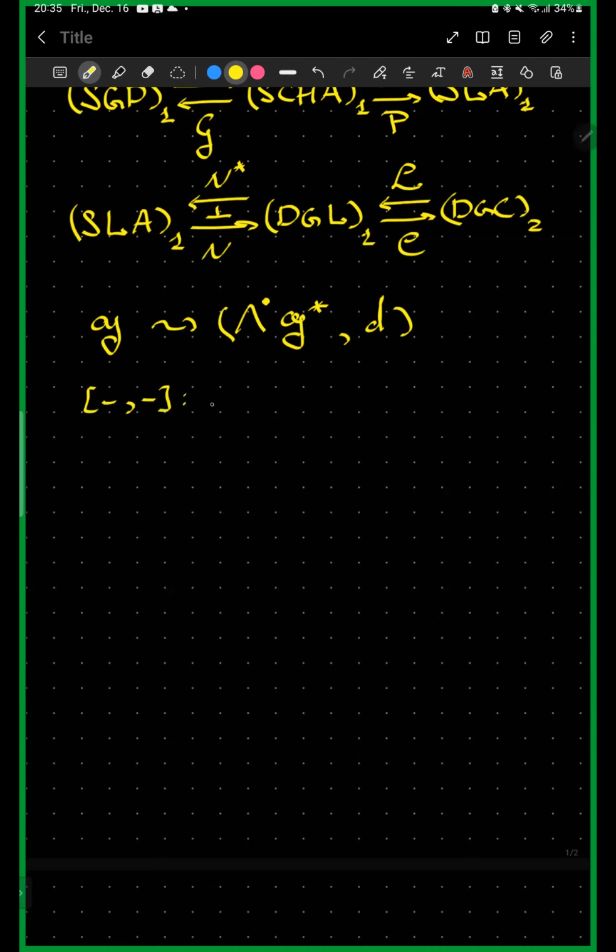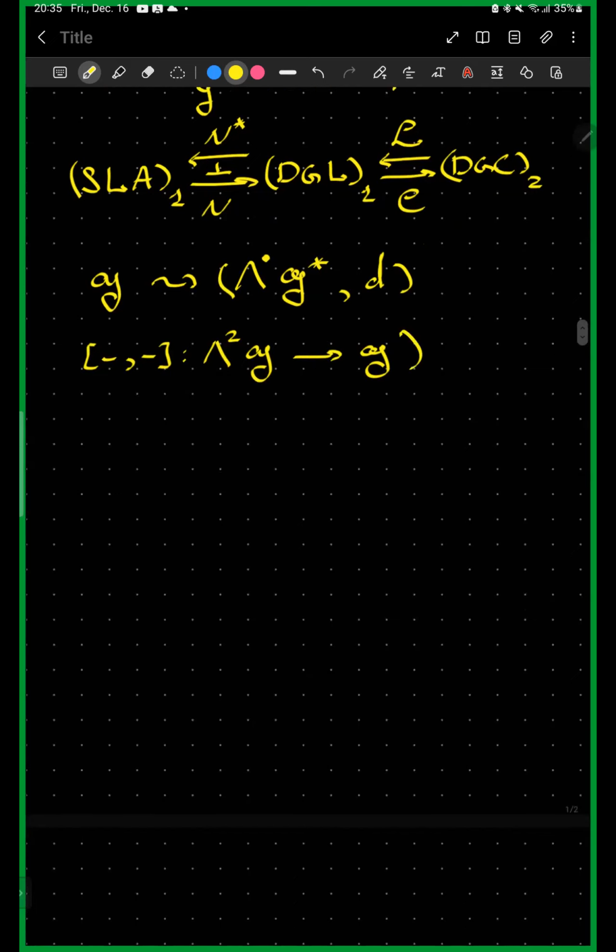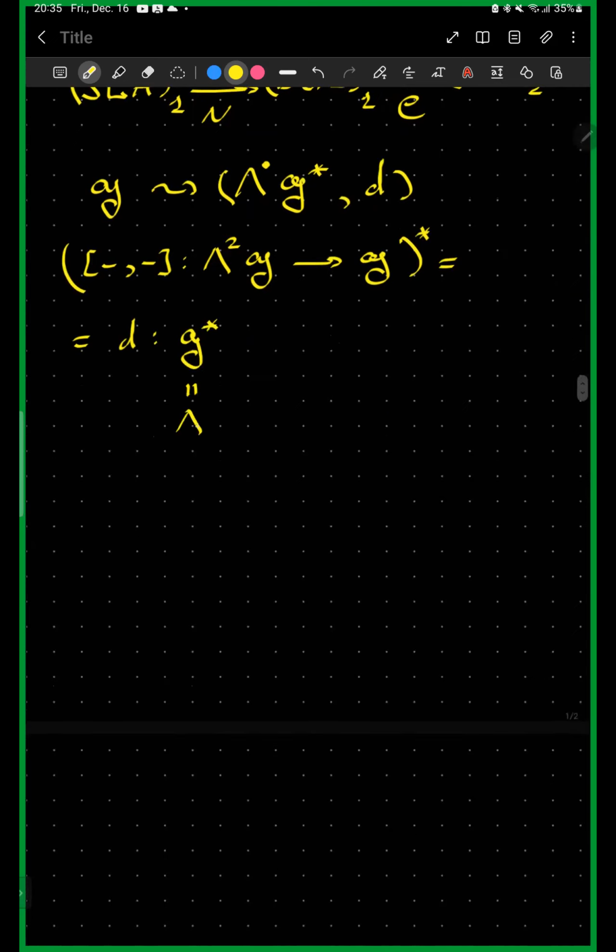a map from the exterior square of this Lie algebra into the Lie algebra itself. By taking duals, we get a map from g star, which is just lambda 1 of g, into the exterior square on g star.